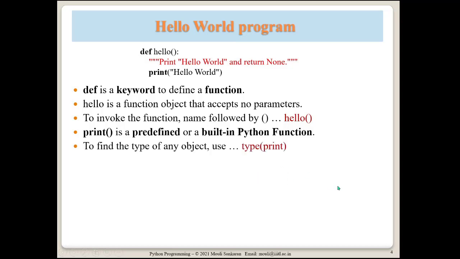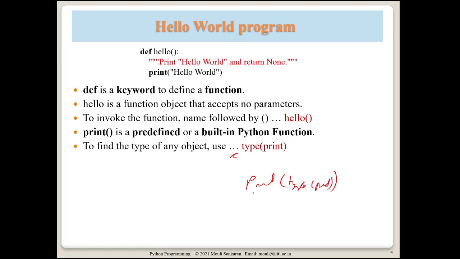And any object that you have in Python, you can use the type built-in function to find out the type of the object that you are handling. As I mentioned, Python has everything as an object, so you can find out the type of the object by just doing this. So type returns a string, so you can say print and then type print.